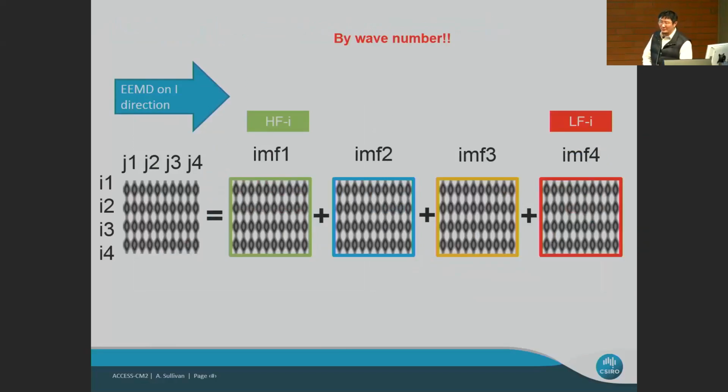So how do we apply the EMD? First, we apply it horizontally, so we decompose only the horizontal way. The green box represents high frequency, and then slightly lower, until the red ones, which are the low frequency.